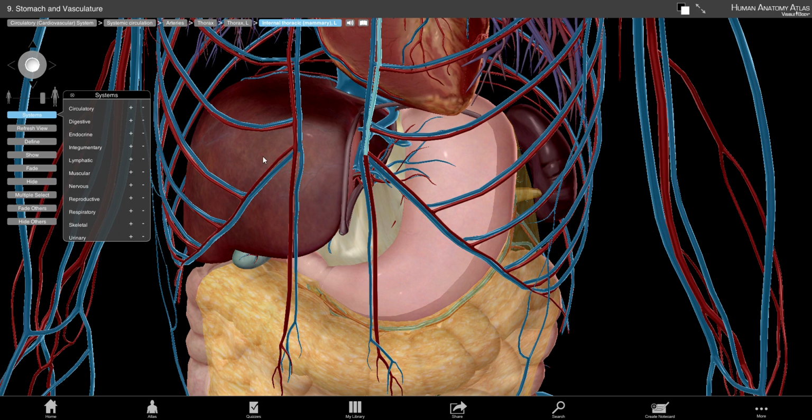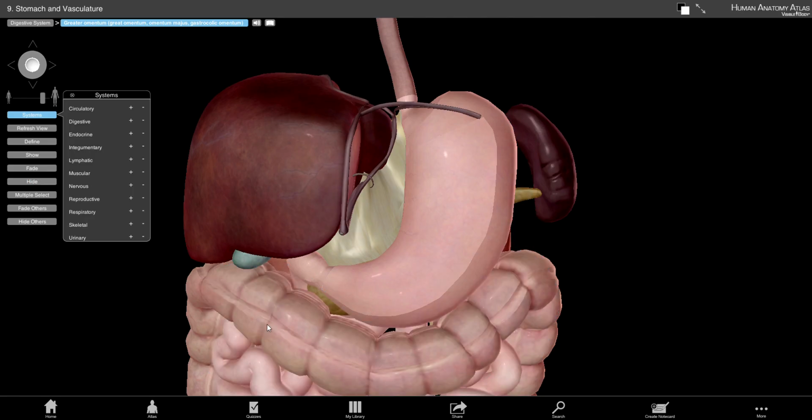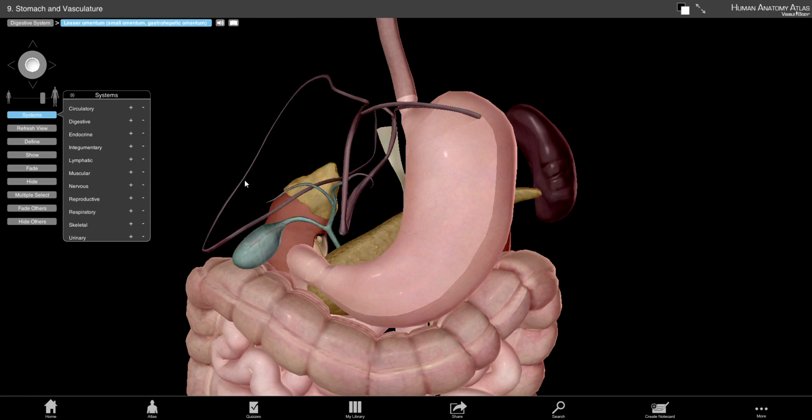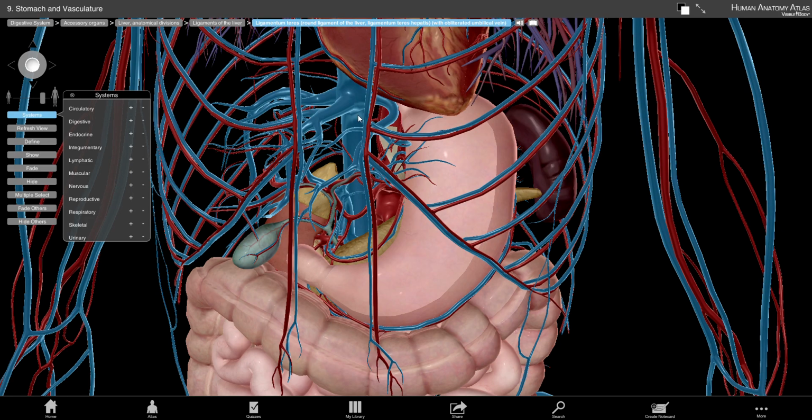It's better to remove the other structures, including these blood vessels. So let's add the blood supply here.